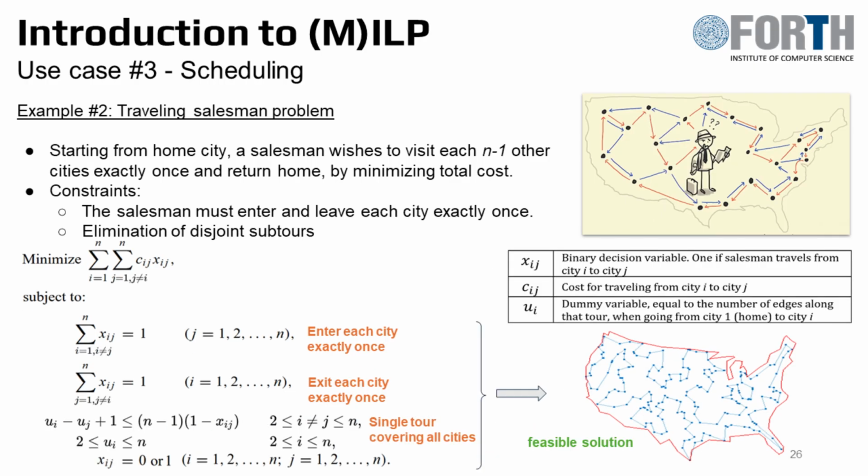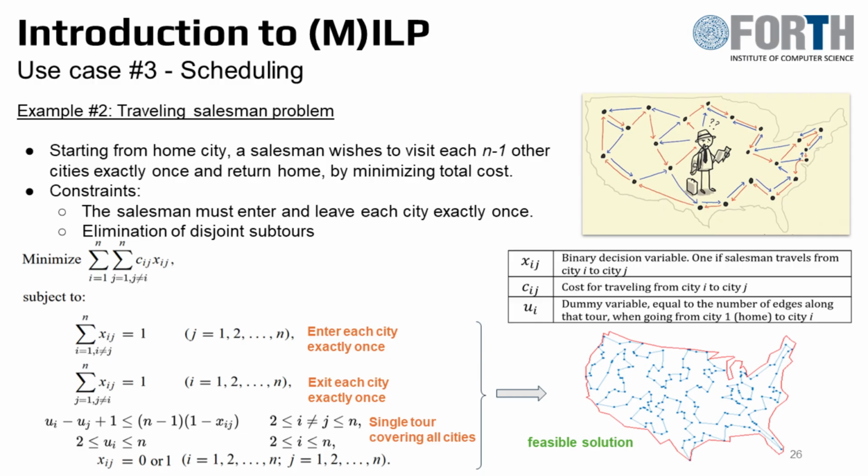To ensure that the solution forms a single connected tour, additional constraints must be introduced. As discussed previously, the entry and exit conditions alone guarantee that each city has exactly one incoming and one outgoing arc. However, they do not prevent the formation of smaller disconnected cycles. To eliminate these subtours, we introduce auxiliary variables that represent the relative position of each city within the tour.